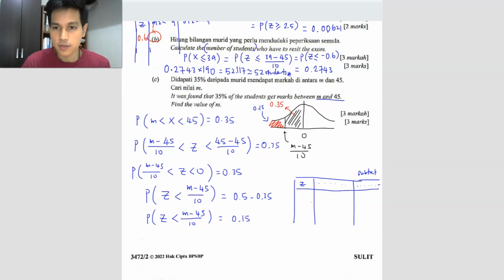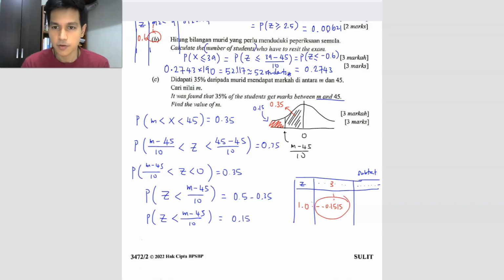The closest value you can find when you look into this table is 0.1515. So 0.1515, when you stretch ahead here, it is 1.0, and then when you stretch to the top, you get 3 here. Okay, 1.03. But you are looking for 0.15, right?